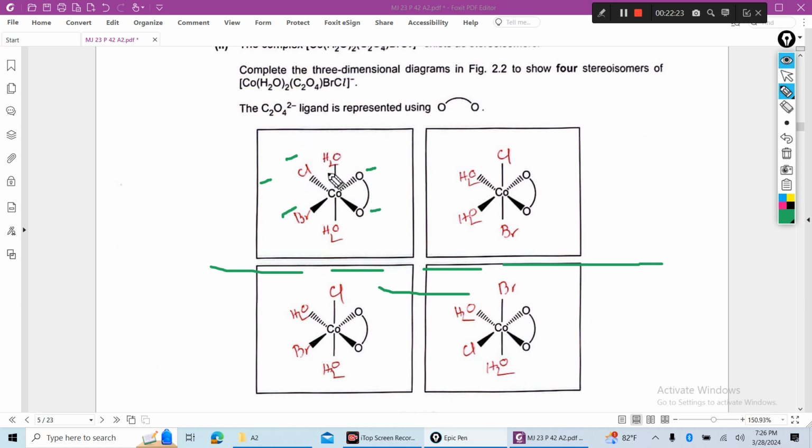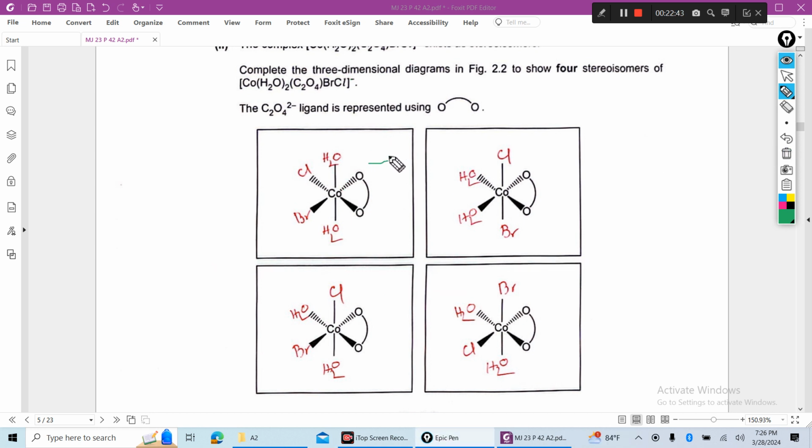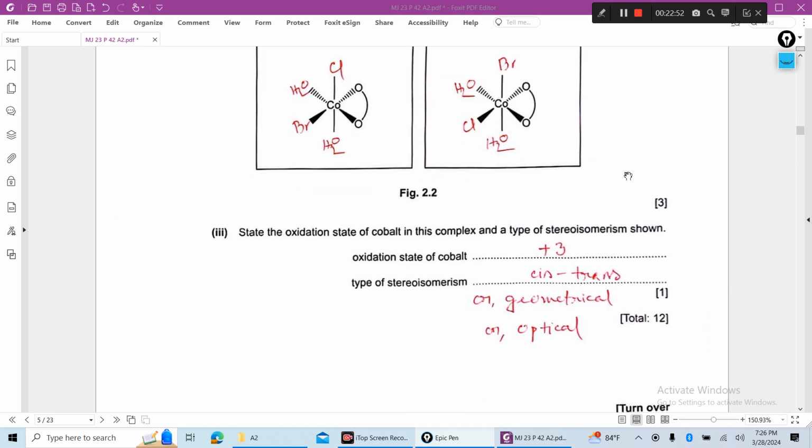Two oxalate, -4, okay, -4 and -1 here left, so total -3. That means the total ligand charge is -3, so cobalt will be +3. Here cobalt +3, and the type of stereoisomerism will be cis-trans, you can write, or geometrical, or you can write optical. You get marks.